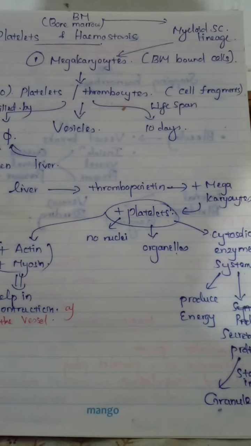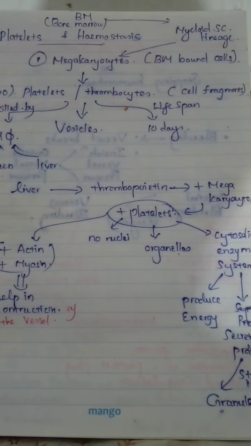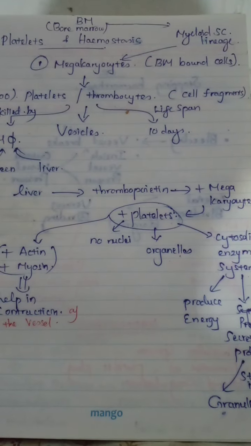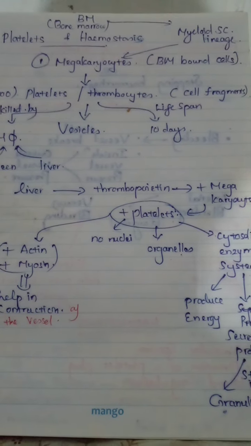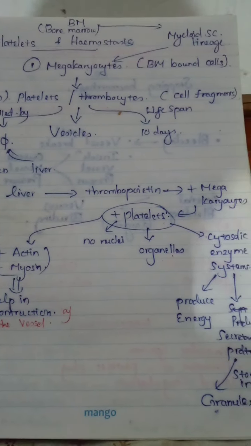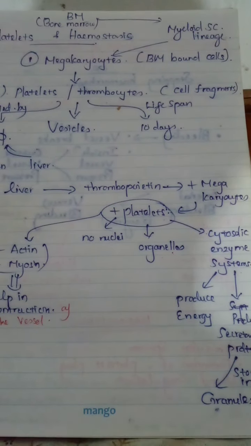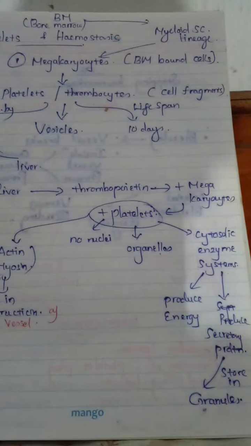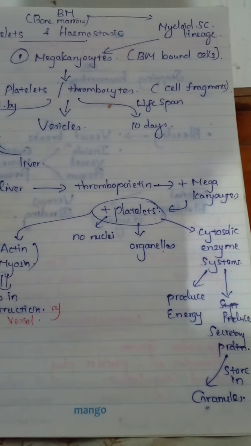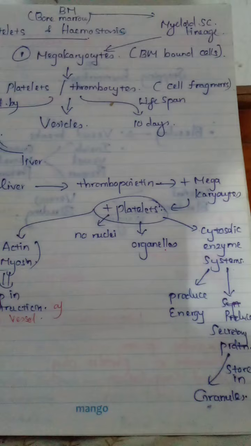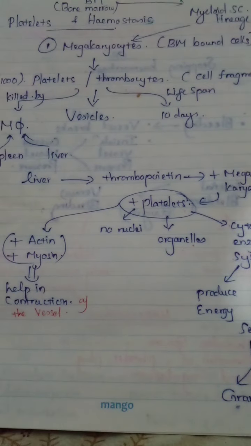So, who is this platelet? And why is it called a cell fragment? Well, because it doesn't have a proper cellular structure, no nuclei, not even organelles. But of course, it has a lot of cytosolic enzyme systems which help in producing energy, in producing various secretory proteins, which are stored in the form of granules.